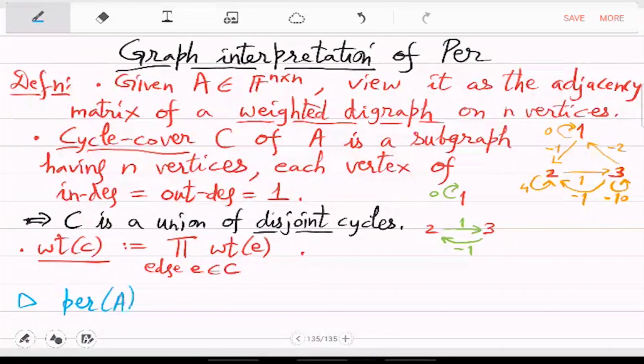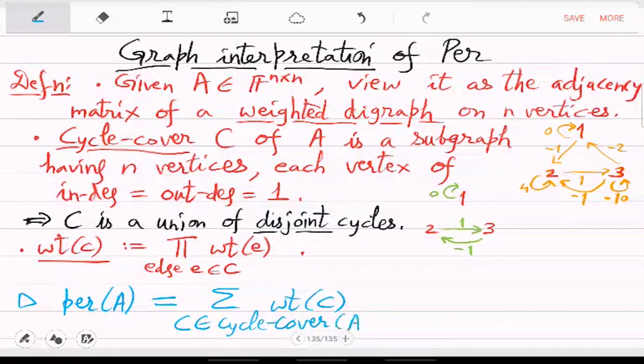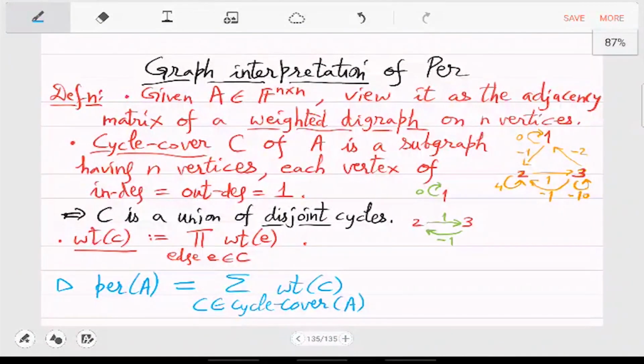So the permanent of A is the same as the sum of the weights over the cycle covers C. Do this as an exercise.